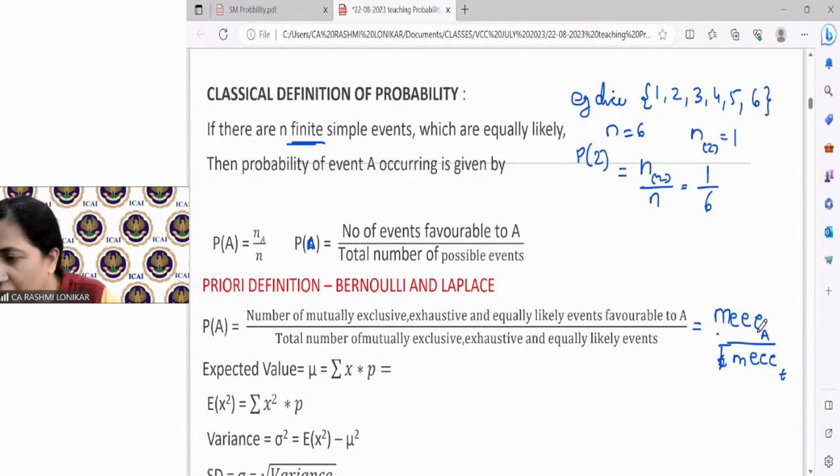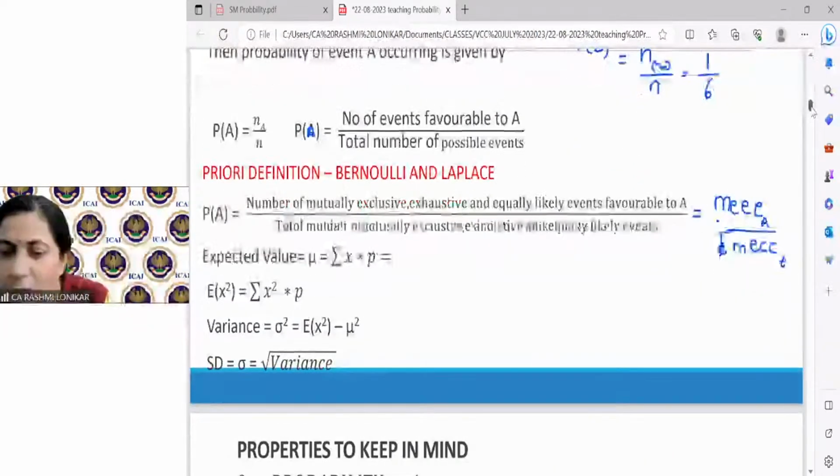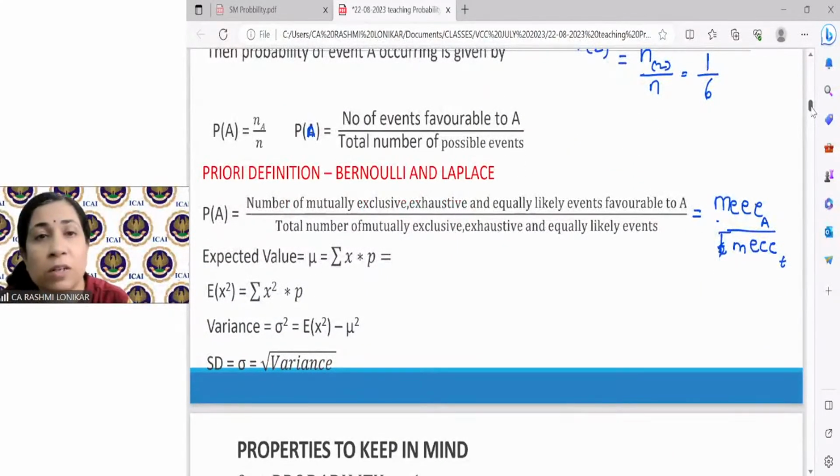Then there are very important formulas that you use not only now in probability, but also in probability distribution. So what are those? We are talking about expected value, mu, variance, and standard deviation. Why that is important is that I may say probability, but that does not give me the entire picture.